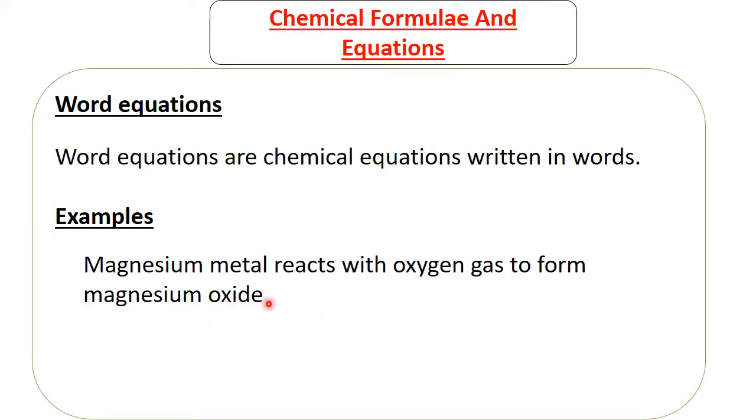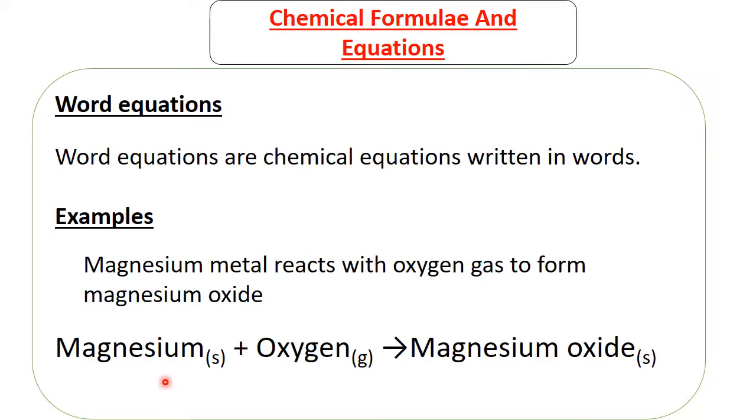Magnesium oxide, we write magnesium oxide. In a fair case, they were supposed to state what state magnesium oxide is, but normally magnesium oxide is in solid state, so we indicate that with s. So we have magnesium solid plus oxygen gas produces magnesium oxide solid. So this is a word equation.